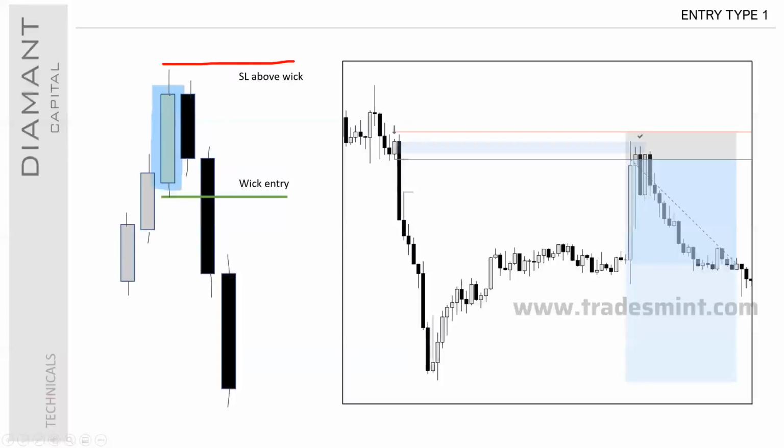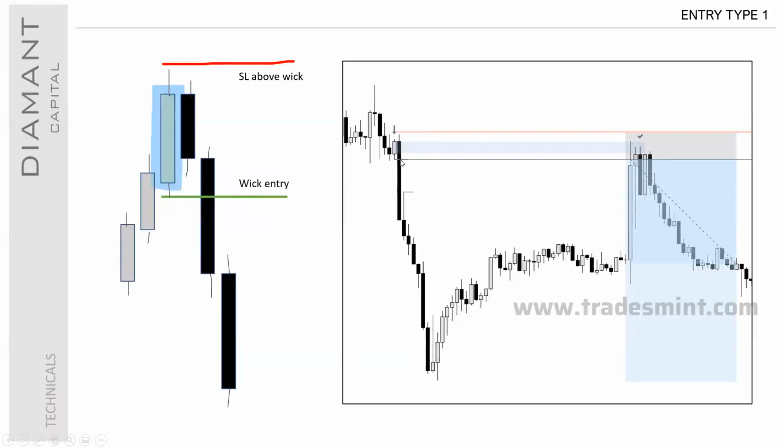Now, how do we use this? You've got different types, different entry points. First one, I would say, is the wick entry, depending on how big the candle is, because sometimes, as you can see from this candle right here, the wick is very far from the body. But because we're looking at a refined entry of this order right here, you've got to understand one thing.